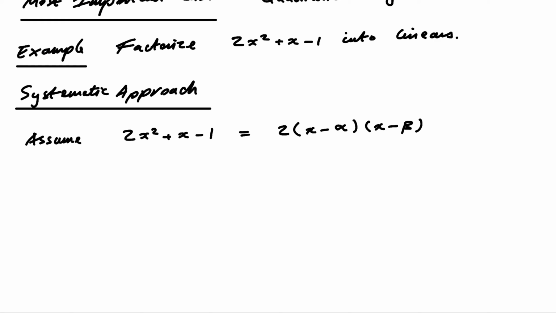So let's just imagine that it's possible to do this. This is a linear factorization where alpha and beta are constants. We don't know what they are.